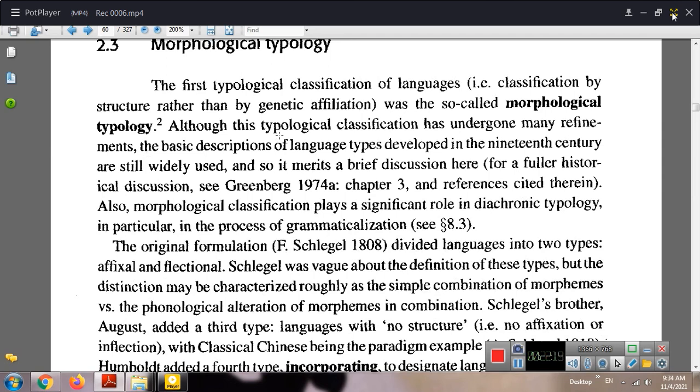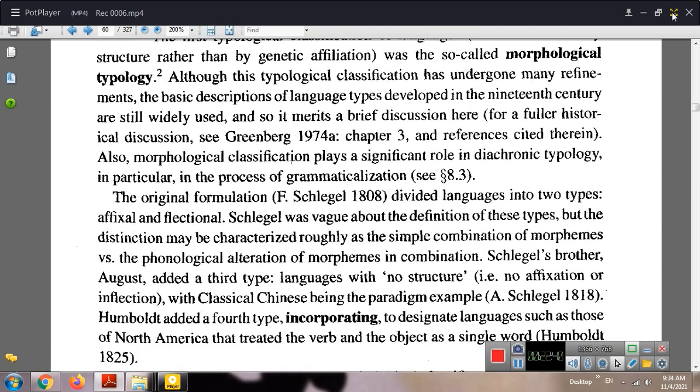Although this typological classification has undergone many refinements, the basic description of language types developed in the 19th century are still widely used, and so it merits a brief discussion here. Also, morphological classification plays a significant role in diachronic typology, in particular in the process of grammaticalization.